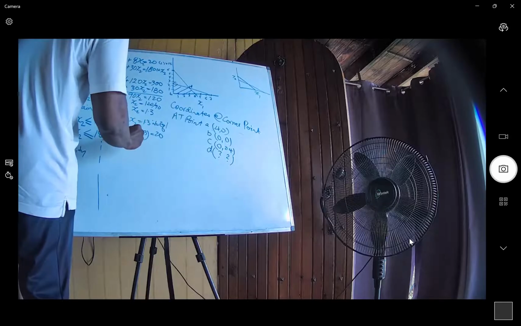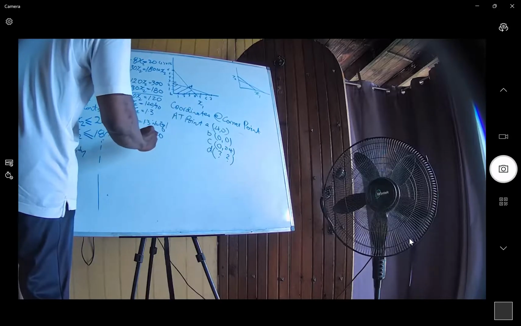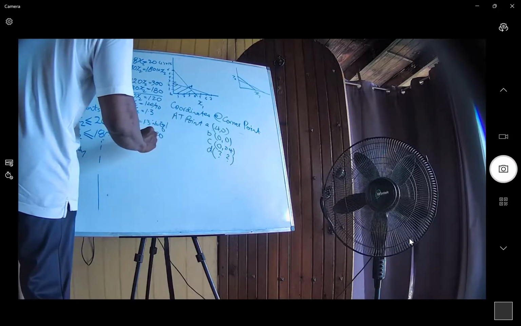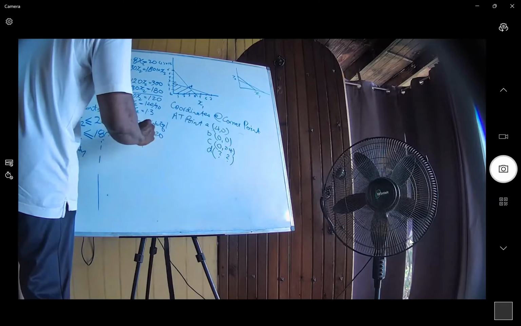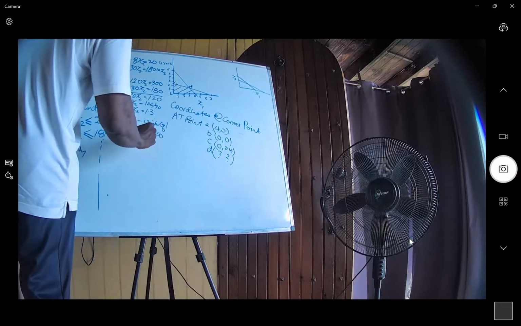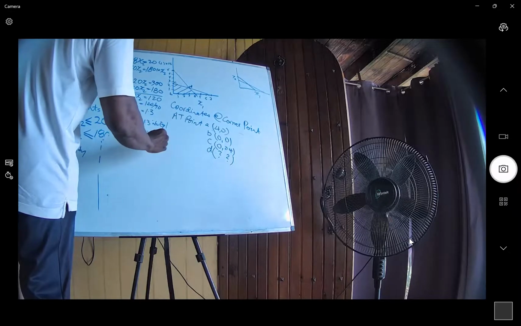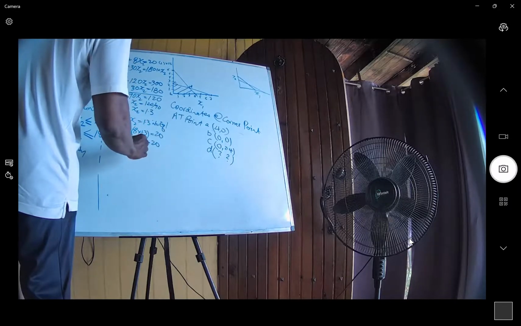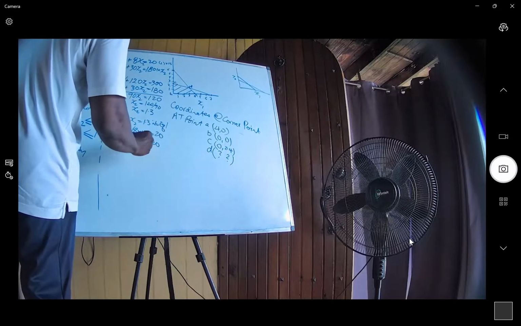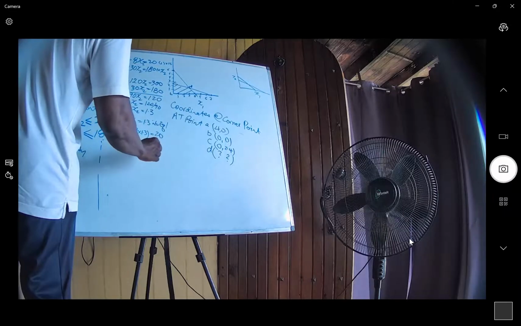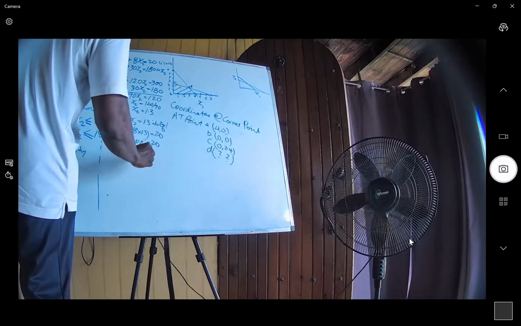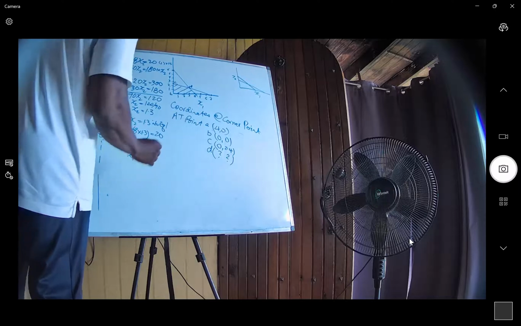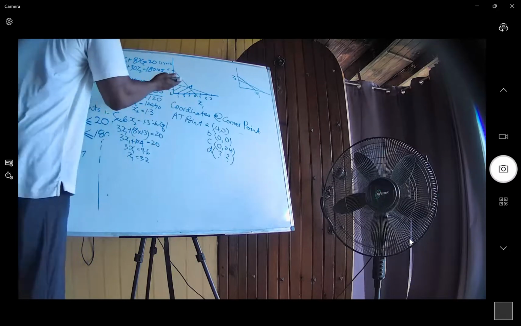So 3x1 plus, 3 8s are 24, no, 10.4 equals 20. So 3x1 equals, what's that? 9.6. x1 equals 3.2.